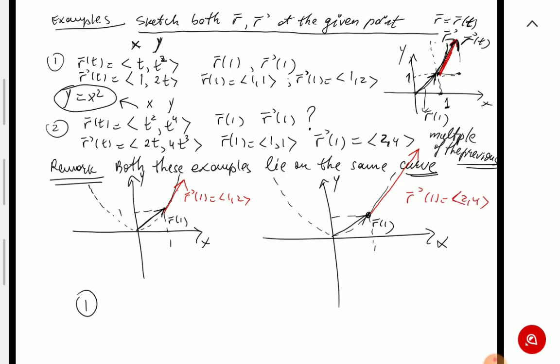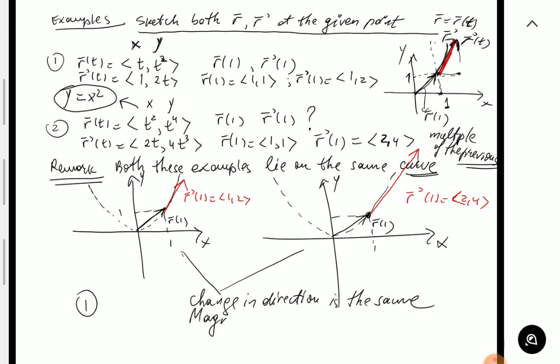So again, if we use this analogy with the motion, what I want to point out here is that really in both cases, the change in direction is the same, right? But the magnitude is different.